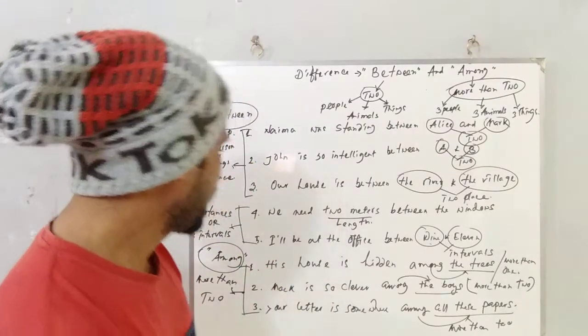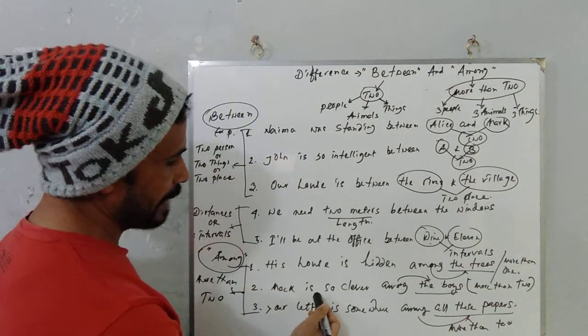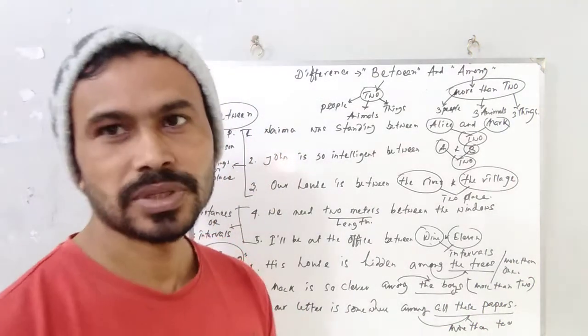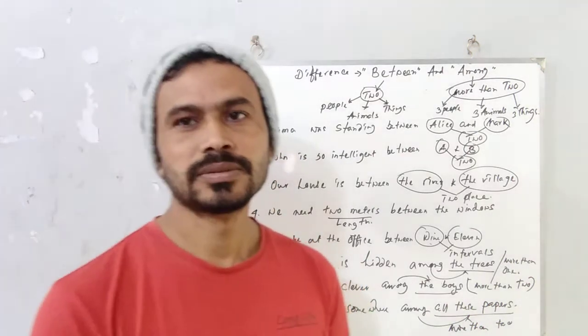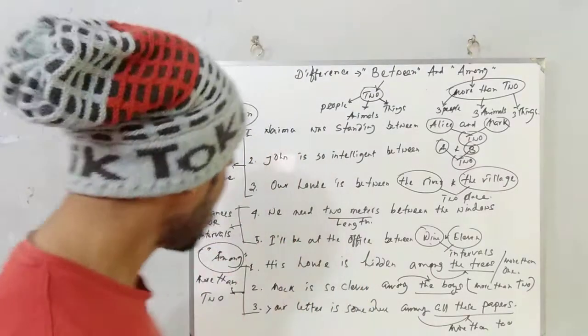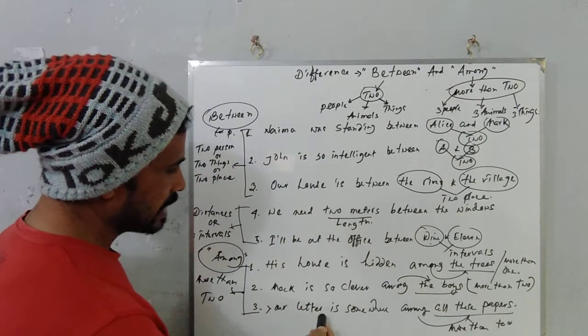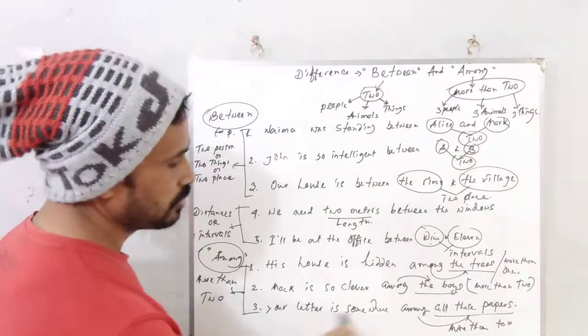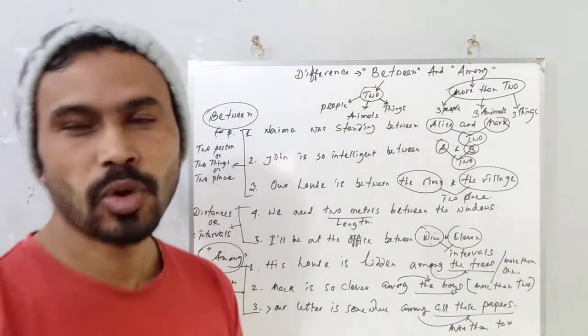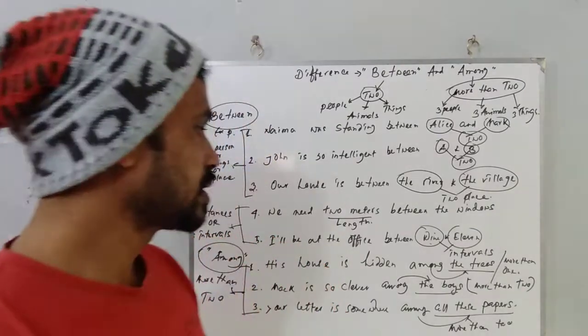So Mac is so clever among the boys. Here I have mentioned more than 2 persons. Next, your letter is somewhere among all these papers. So more than 2 papers.